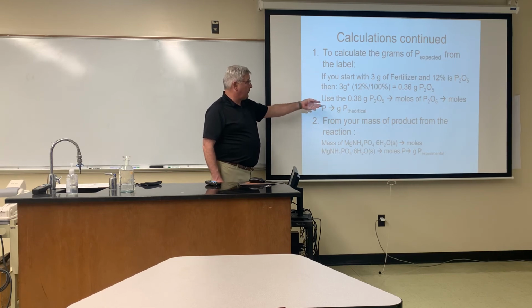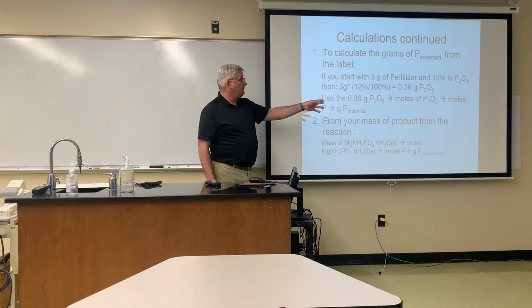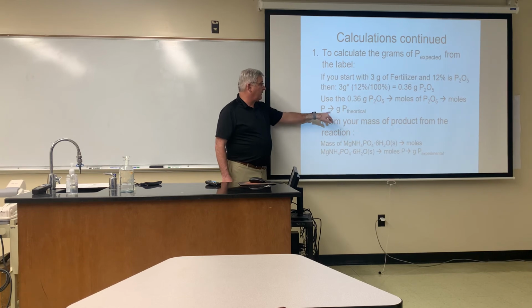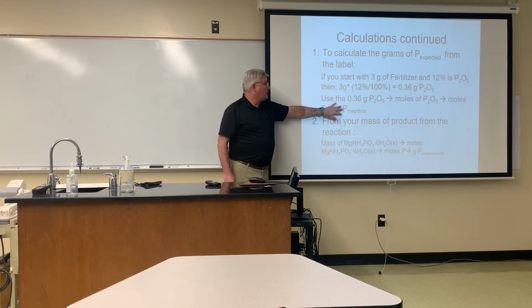So you would take the 0.36 grams of P2O5, convert that to moles of P2O5, and then there's, for every 1 P2O5, there's 2 phosphorus. And so you would do that conversion to moles of phosphorus, and then use the atomic weight of phosphorus to get back to grams. And so your bag would give you the theoretical grams of phosphorus that would be present in 3 grams, okay?